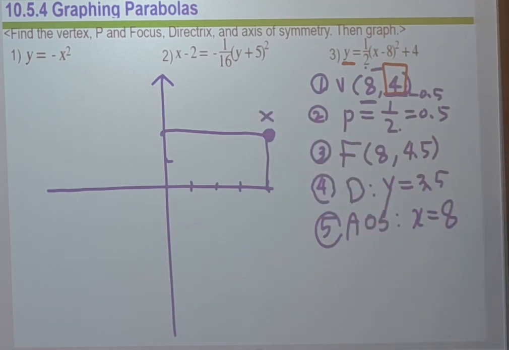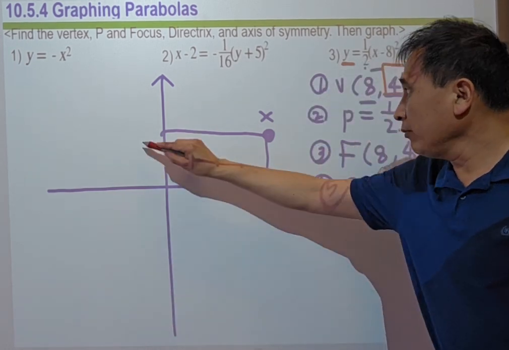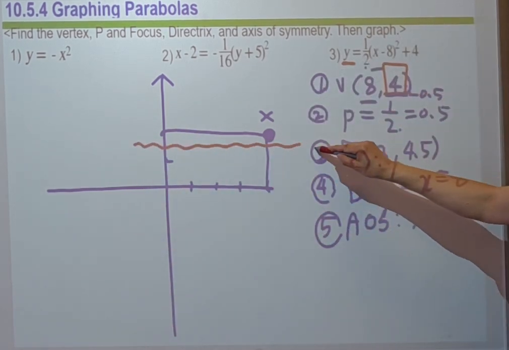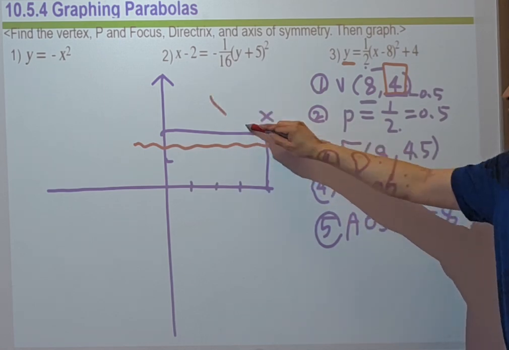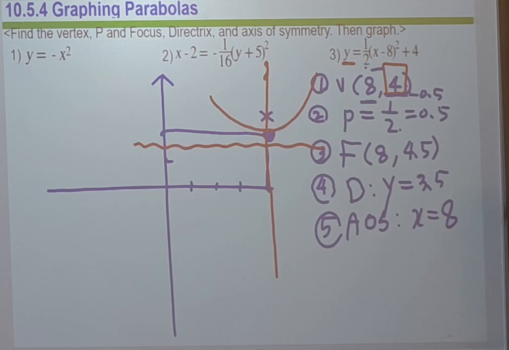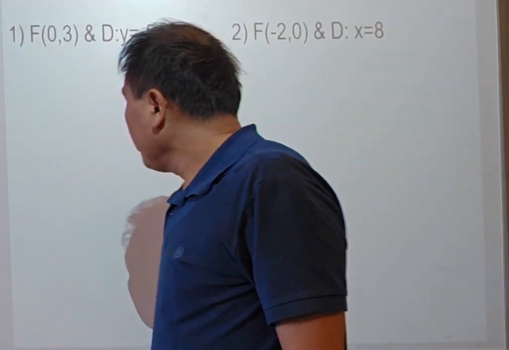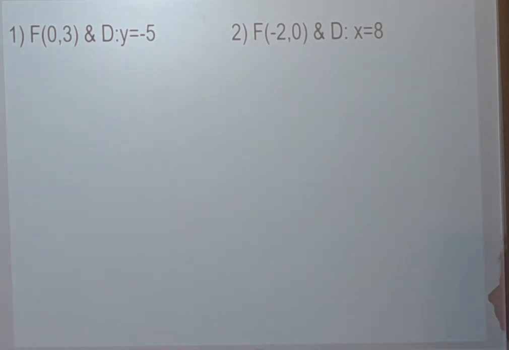That's the focus, and then 3.5, so 0.5 down. Let's say right here. So around the focus the graph is like that, and this is the axis of symmetry right there. Okay.